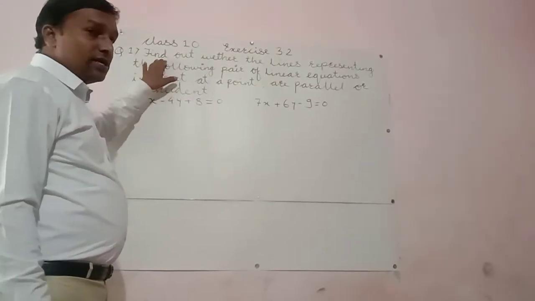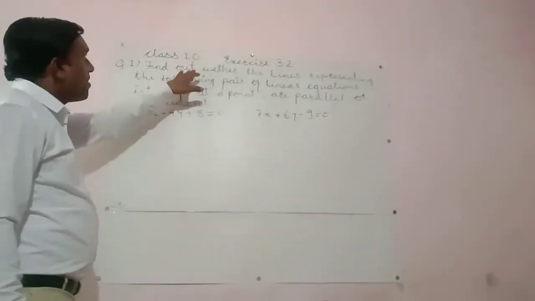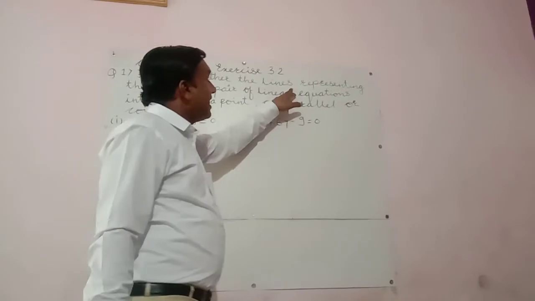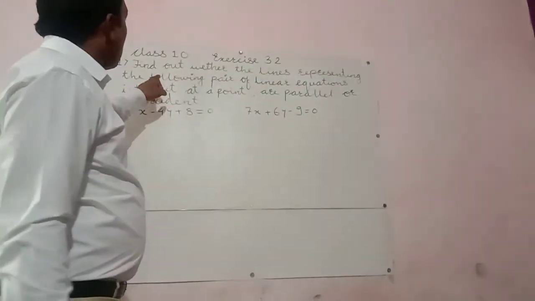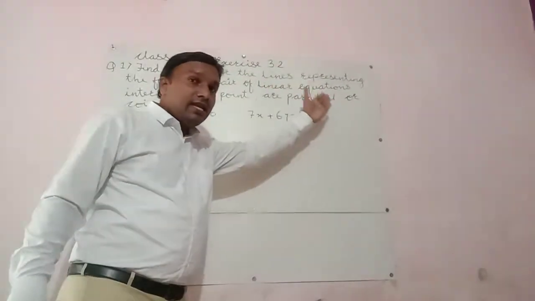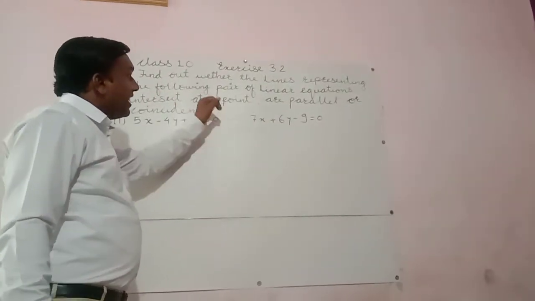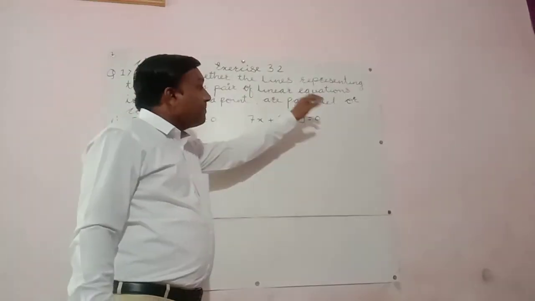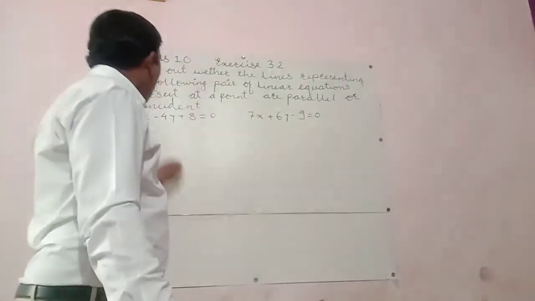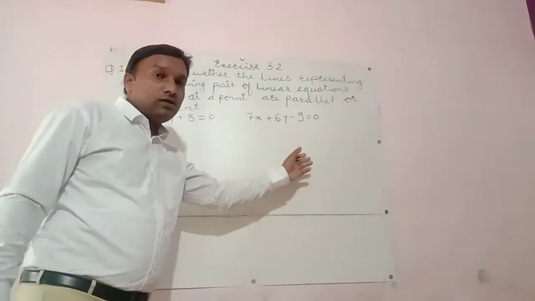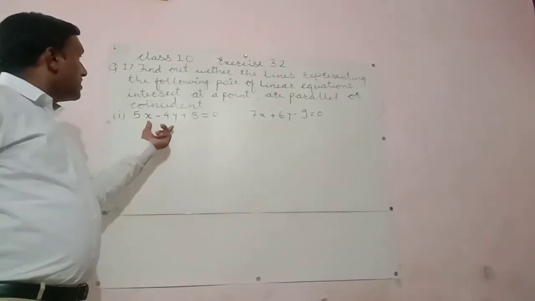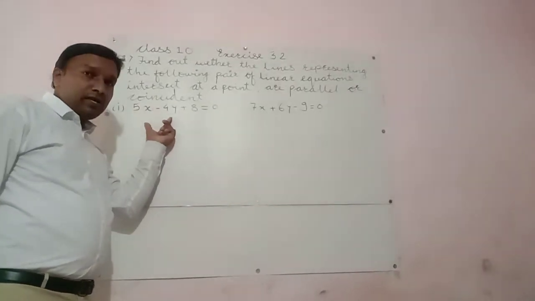So here the example is, find out whether the lines representing the following pair of linear equations intersect at a point, are parallel or coincident. So this is the first example.